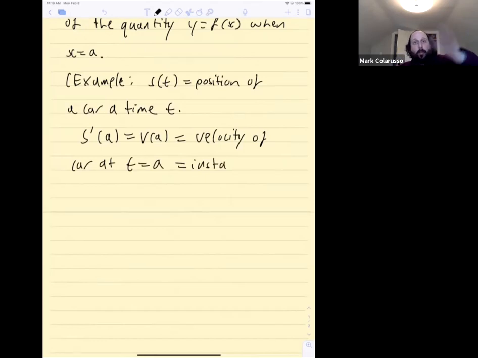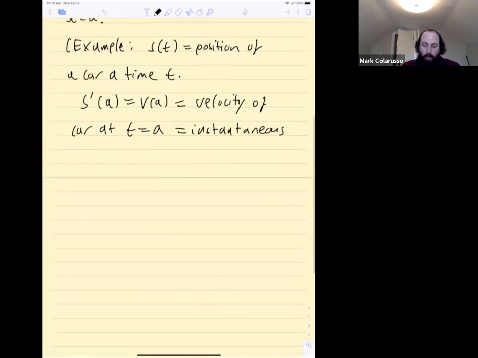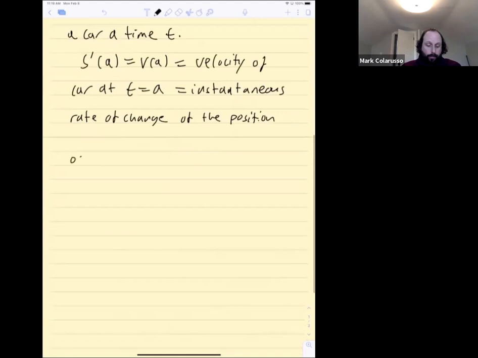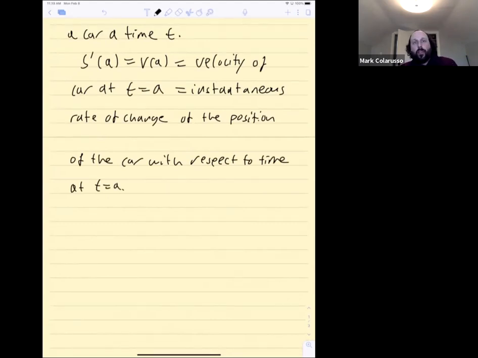If that number is positive, that's what your speedometer is reading at that instant. Instantaneous, it's a long word, rate of change of the position of the car with respect to time at t equals I. We talked about this in the very first week: what does the derivative mean, and how do we think about it practically?